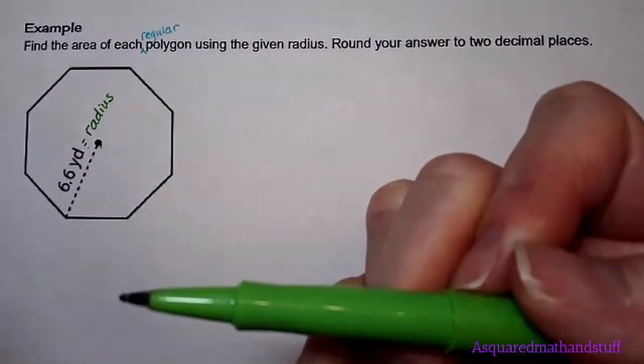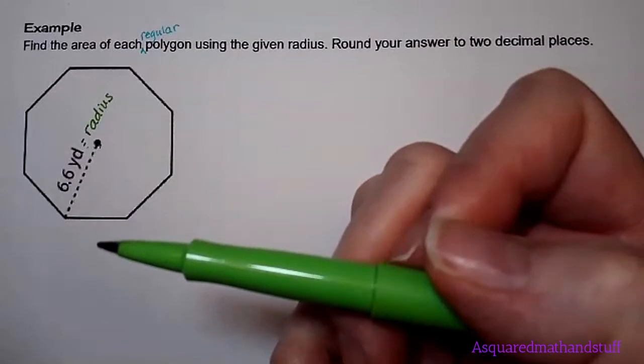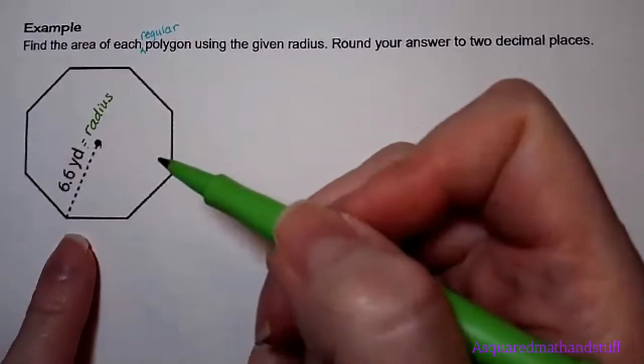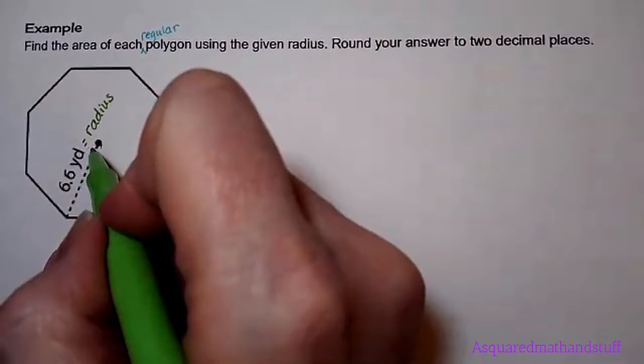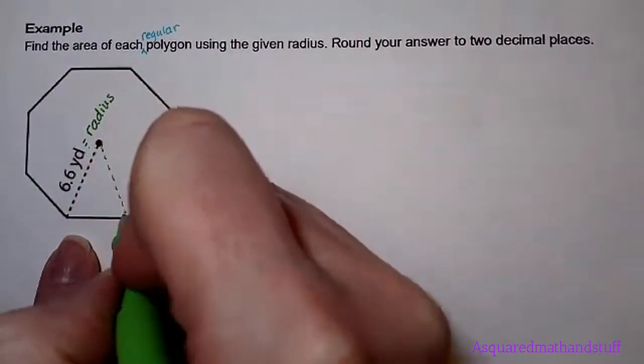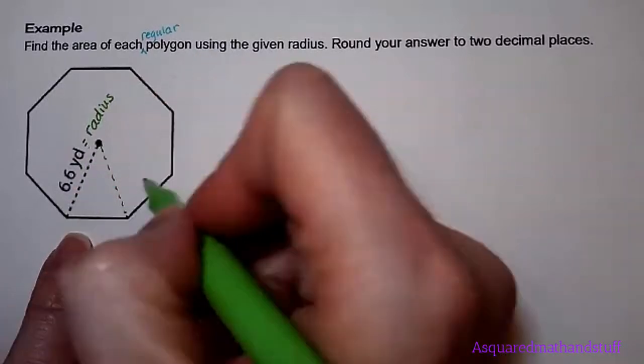And what we're going to do with this is look at this regular polygon in terms of triangles. If you remember from the last example that we did, we were able to divide this regular polygon up into as many triangles as there are sides. And that's what we're going to do here.